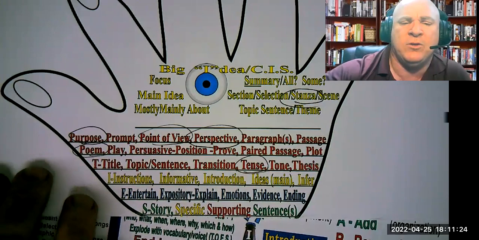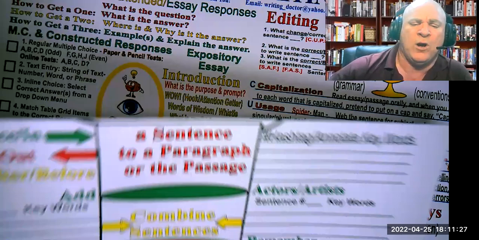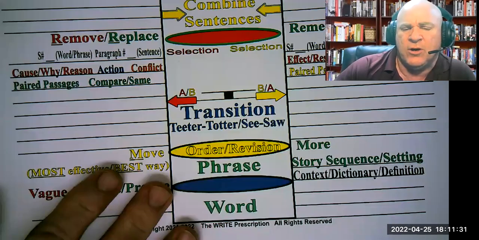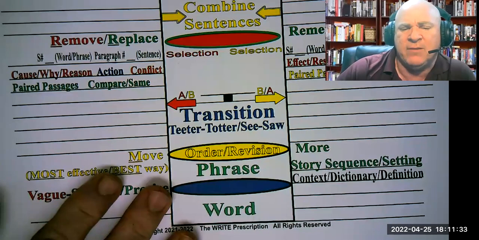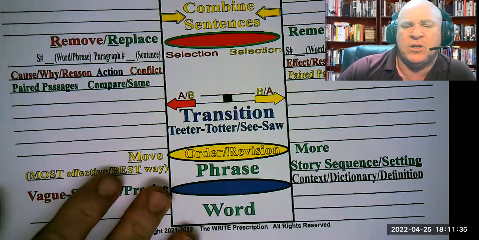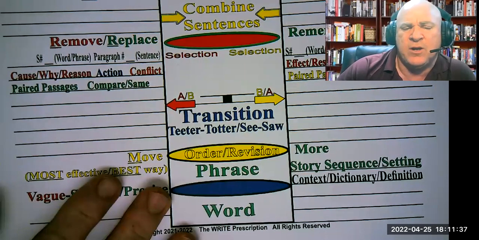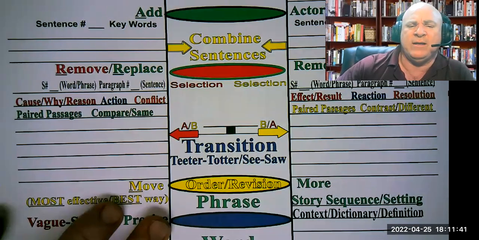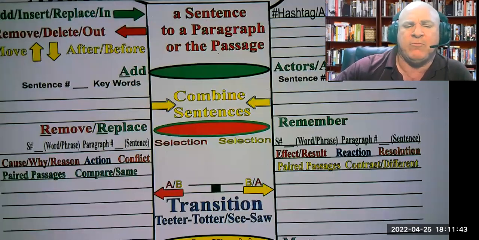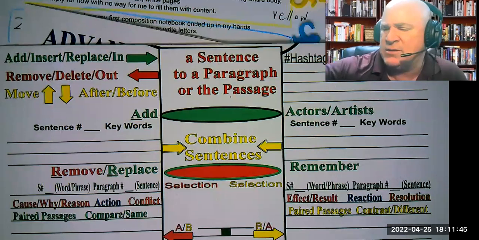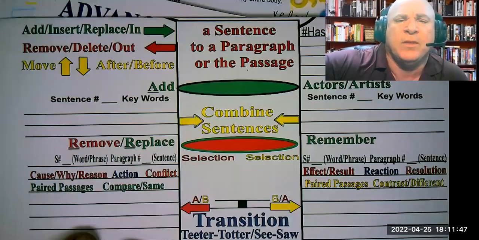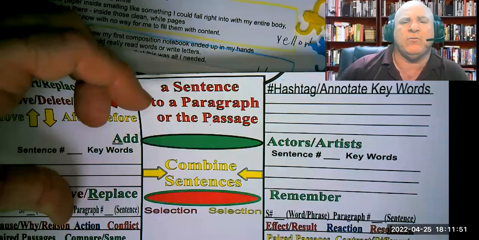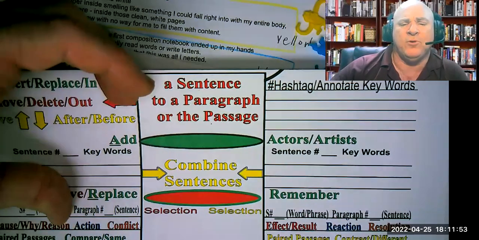Or we might use the lower half portion where we're just looking at a word in a sentence or a phrase in a line of a poem, transitioning between ideas using a transition teeter-totter seesaw. Or if we're doing revising, we might be adding, removing, replacing, or moving a sentence, because when you're doing reading, you're understanding the content. Doing revising means you're improving the content.